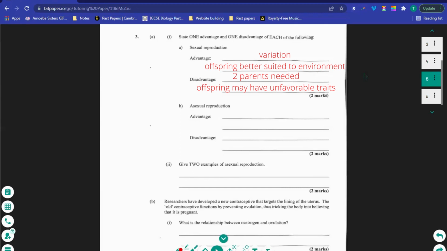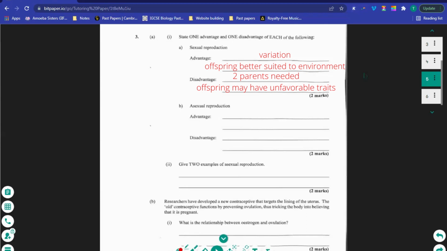There's no way that it can reproduce by itself if it utilizes that process of sexual reproduction. And the next thing that we can state is that it may result in unfavorable traits. As mentioned before, we don't know what traits the individual is coming out with. So both parents could have very, very favorable characteristics.